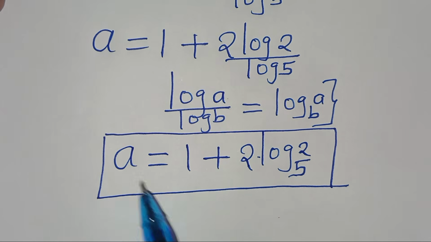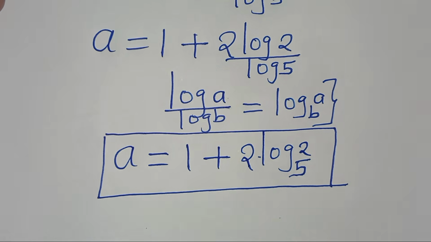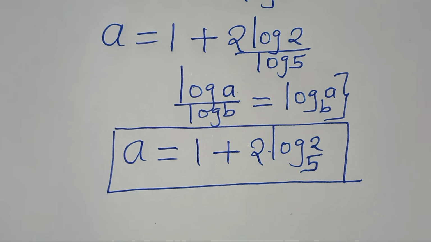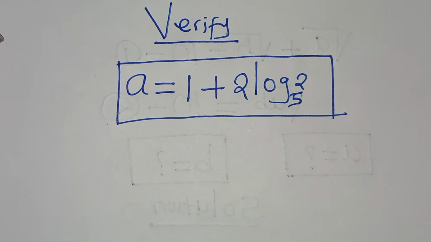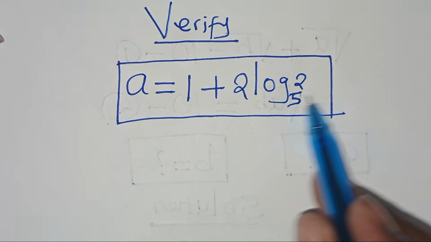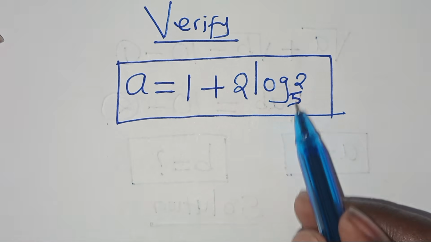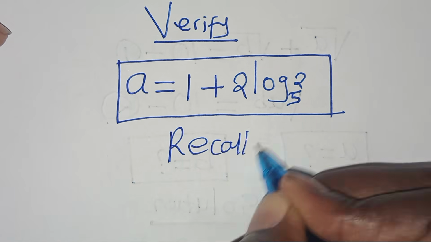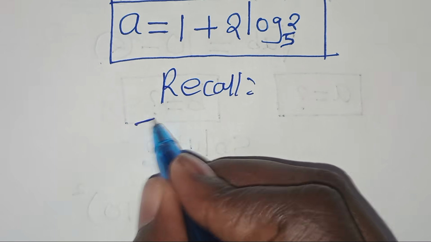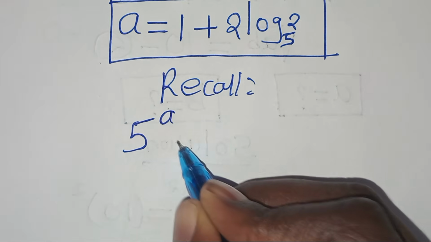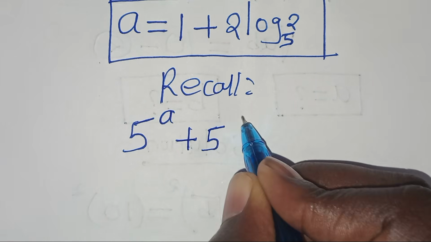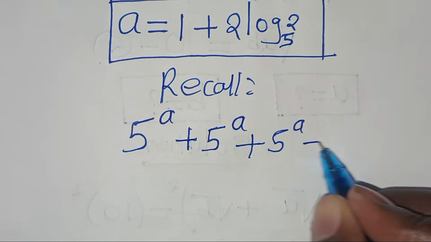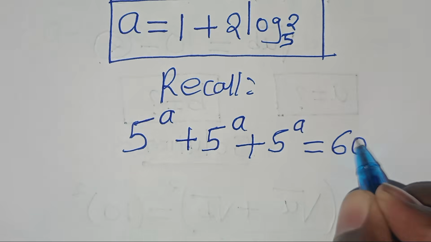The next step is to verify that this value of a satisfies the equation. Now let's verify that this value of a, which is 1 plus 2 log 2 to base 5, satisfies the equation. Now, if you recall, we have that 5 to the power of a plus 5 to the power of a plus 5 to the power of a is equal to 60.